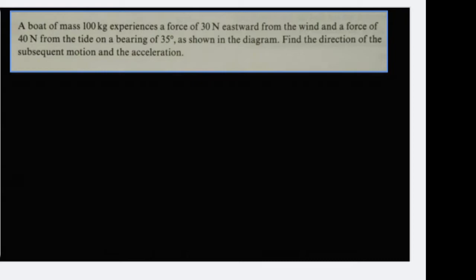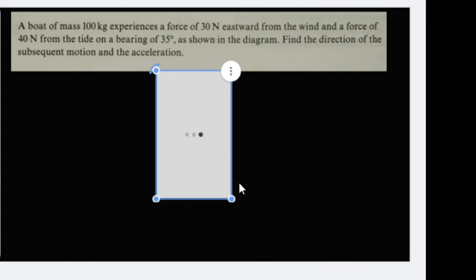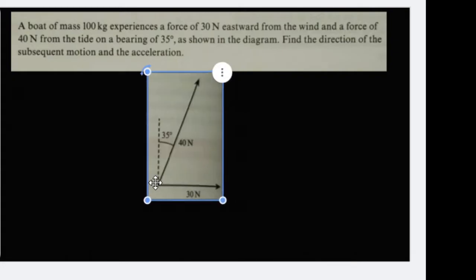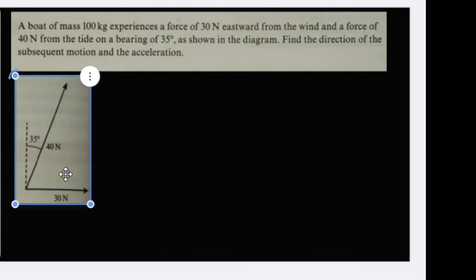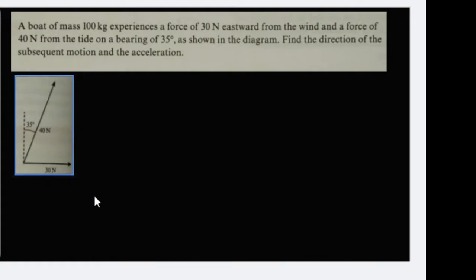Okay, so this is the diagram. So in the diagram, what you can see here, we have the two forces. We have 30 Newton, and the other one is 40 Newton.